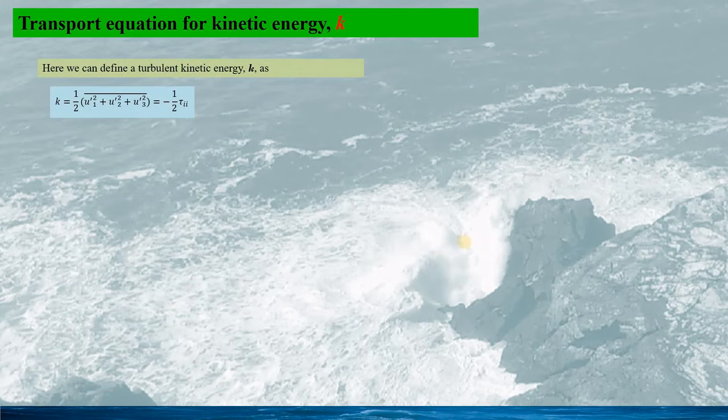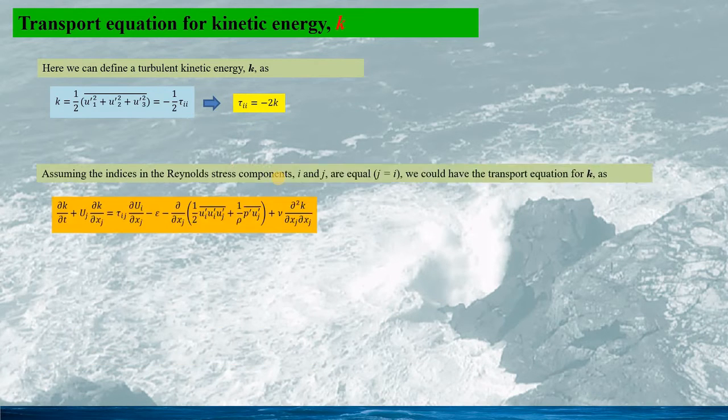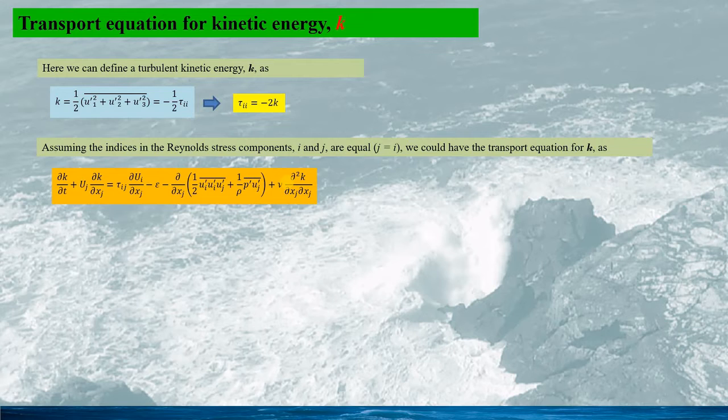For the turbulent flow, we can define the turbulent kinetic energy k as this, and its relation with the Reynolds tensor component tau ii as this. Therefore, if we set the indices i equal to j in the transport equation for the Reynolds component, we can obtain the transport equation for the kinetic energy k as this.